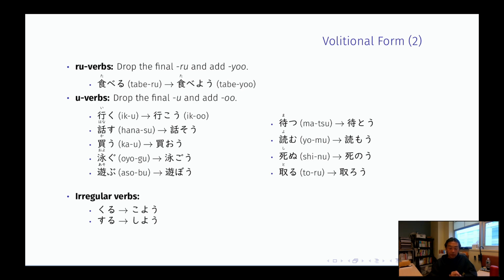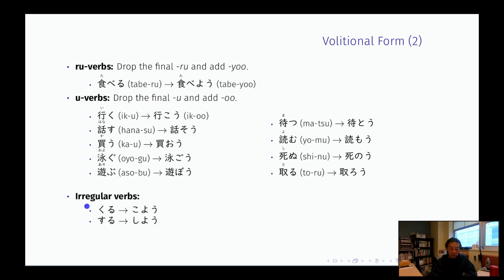So 食べる becomes 食べよう. 寝る becomes 寝よう. 見る becomes 見よう. 開ける becomes 開けよう. 起きる becomes 起きよう. Okay, so if it's a ru verb, just change ru to yo.